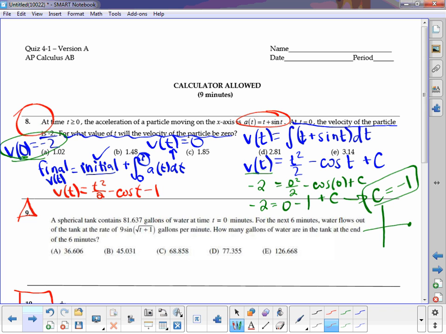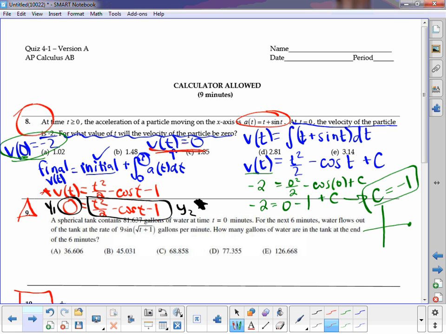So here's my actual velocity equation, and I want to find when this equals 0. At this point, I would recommend just putting this in y1, this in y2, and find where they intersect, or just simply graph this guy and find the 0 on your calculator, right?